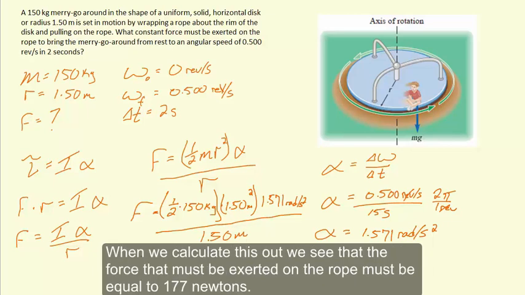And when we calculate this, we'll see that the force that must be exerted on the rope must be equal to 177 newtons.